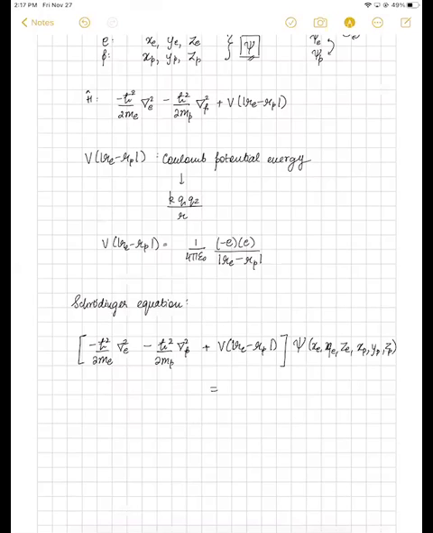This is equal to the energy of our system times, again, the wave function.